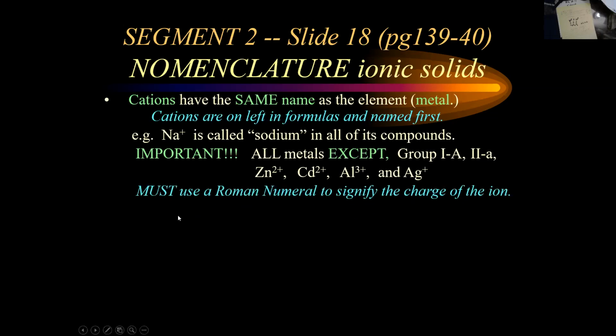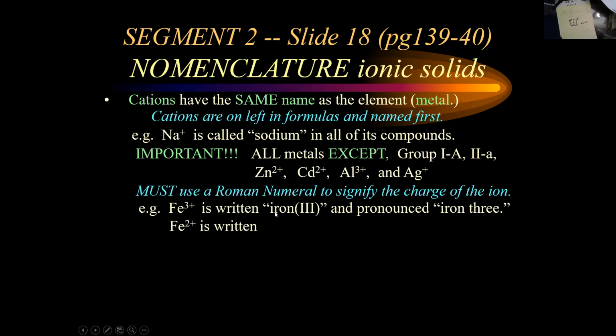The way you distinguish is to use a Roman numeral to signify the charge of the ion, not the number of things attached to it, but the charge of the ion. Iron +3 is written as iron with a Roman numeral III, and is pronounced iron 3.